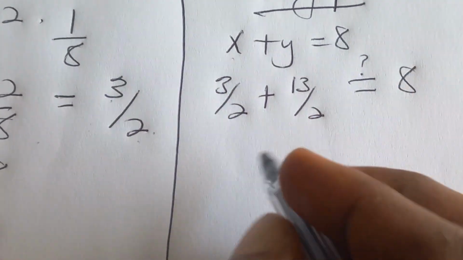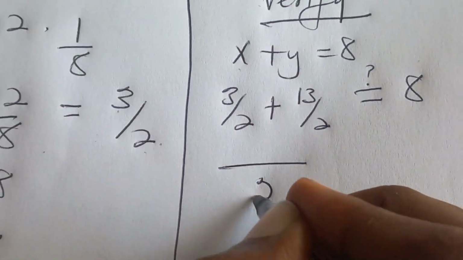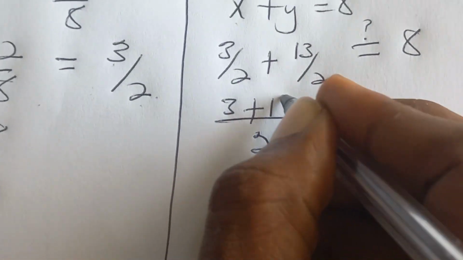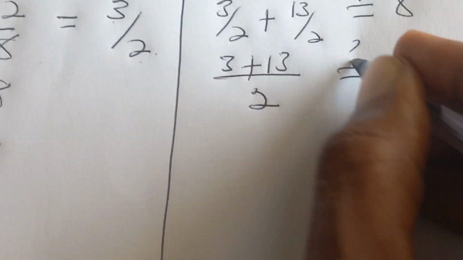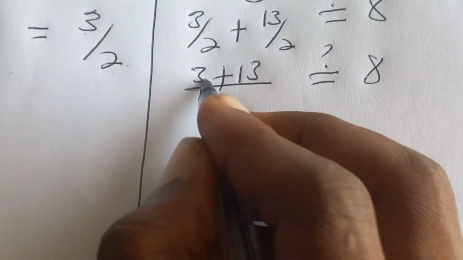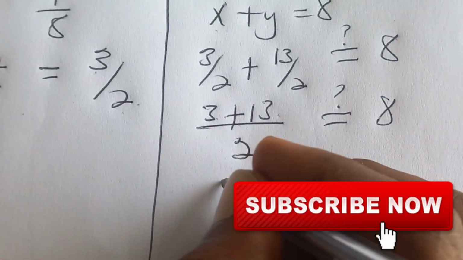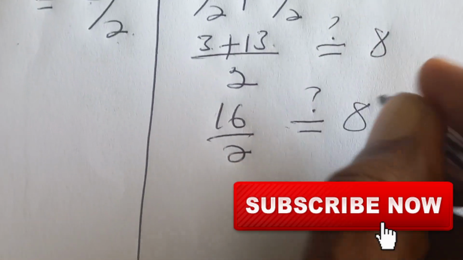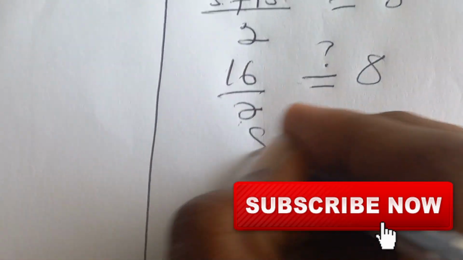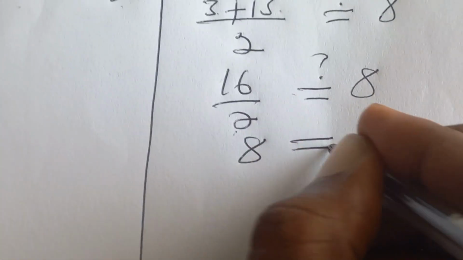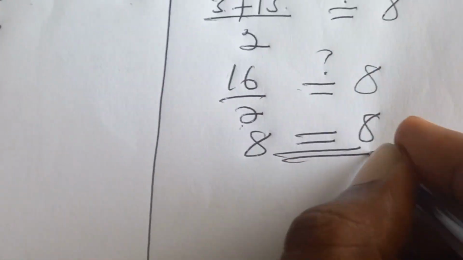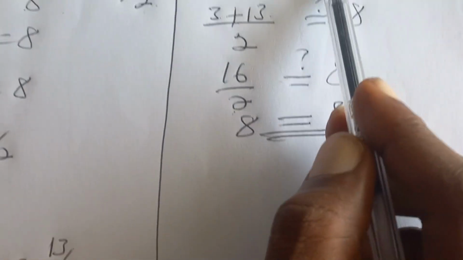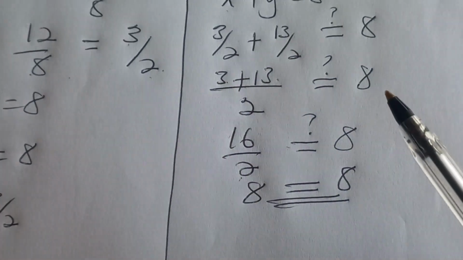The common LCM is 2, then we have 3 plus 13, and this should give us 8. 3 plus 13 is 16 on 2, and this should be equal to 8. 16 on 2 is the same as 8. So 8 is equal to 8. So it means that our x and y satisfy equation 2.